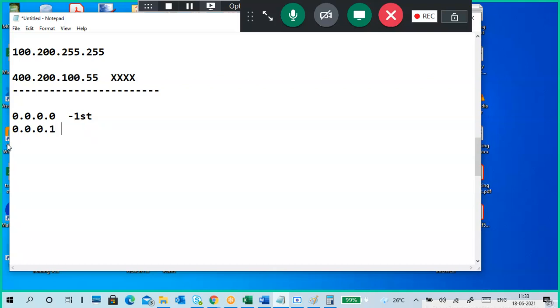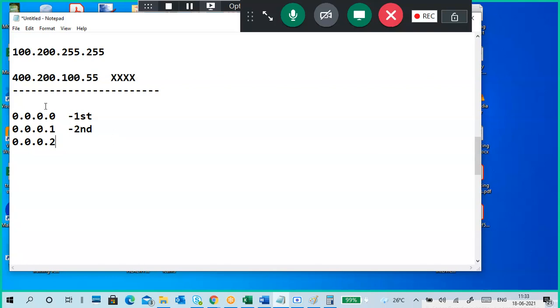This is the second IP address. First or second, leave that. But tell me the next number. 0.0.0.1, then 0.0.0.2, 3, 4, 5 will come, right?